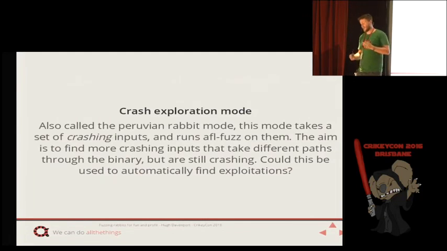So this potentially, maybe not, I haven't read anyone that's actually done it, but this potentially could be used to automatically find exploits. I myself find it easier just to go and find the exploits manually after one crash. But it's got potential. So those are the features that I wanted to talk about.